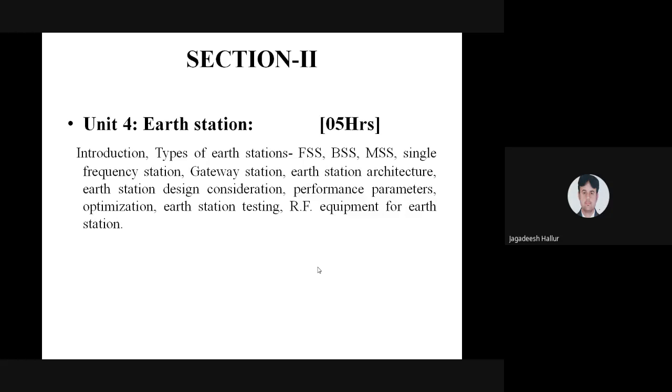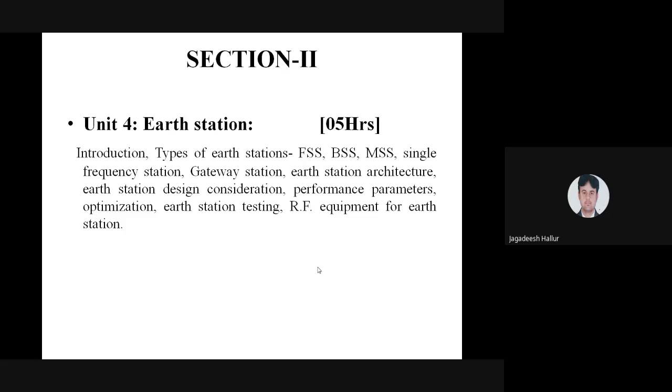Then the low noise amplifier output comes to the decoder. The decoder will reach the demodulator, and the demodulator will receive the original signal again. This is the real picture of the Earth Station architecture.